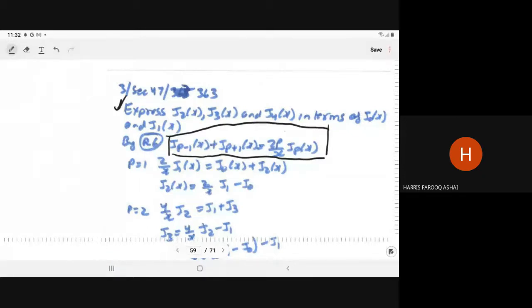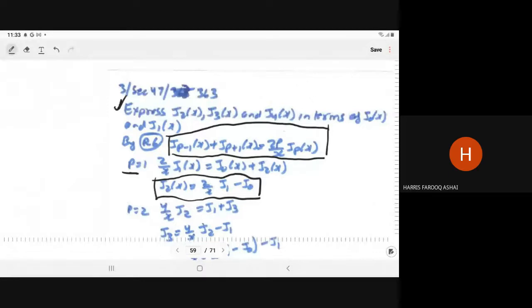When we put p is equal to 1, it gives J_0 plus J_2 is equal to 2 upon x J_1, so J_2 is equal to 2 upon x J_1 minus J_0. So the higher order Bessel functions you can determine in terms of J_1 and J_0.